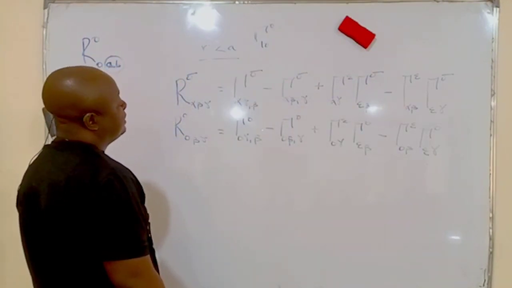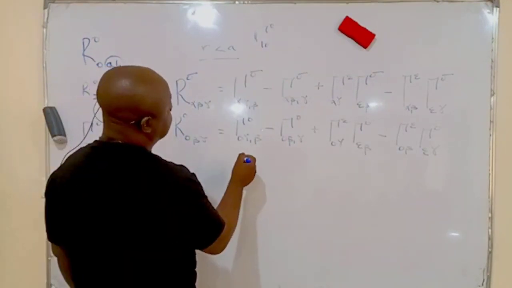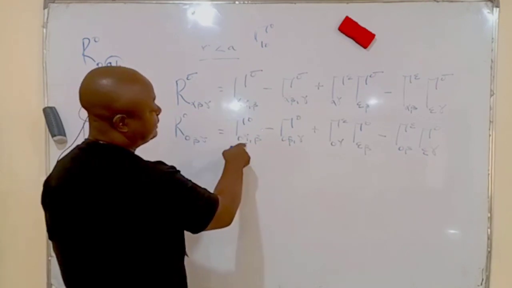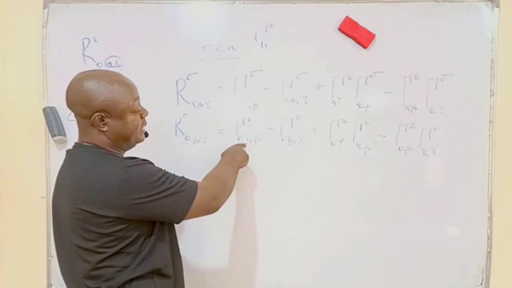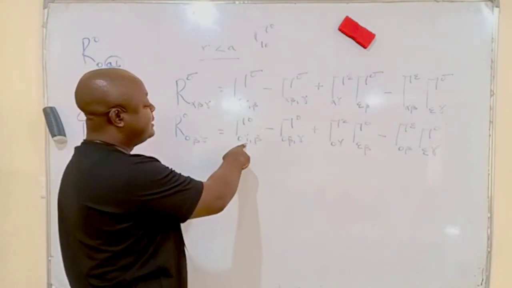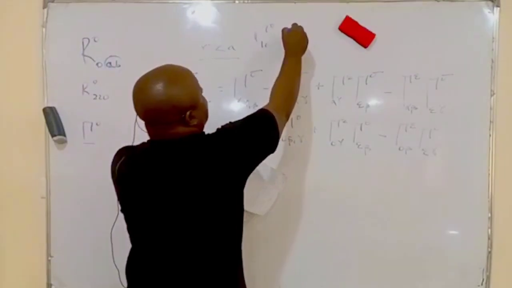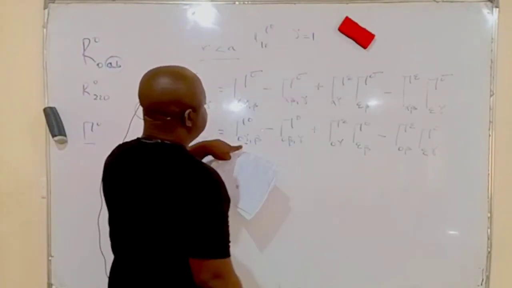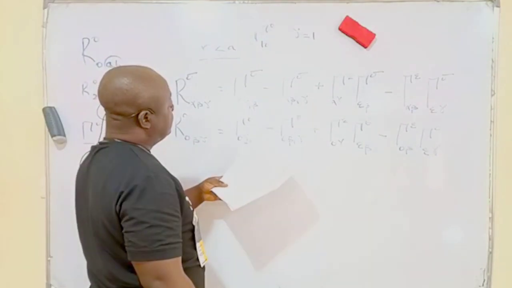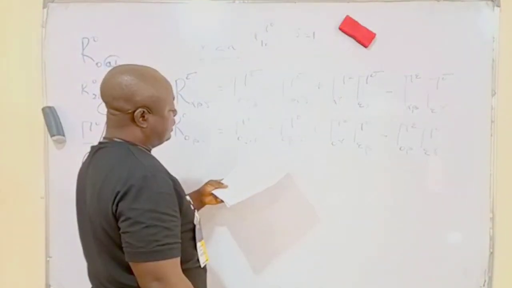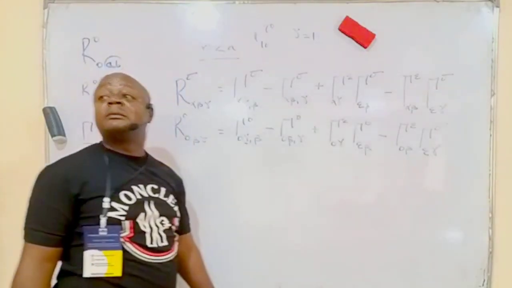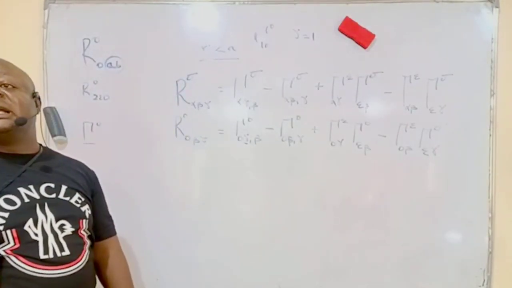Okay, so what we are expecting is that this can be 1. And if this is 1, our gamma is 1. Okay? We know that our 0, 1, 0 depends only on R. Have you seen that?